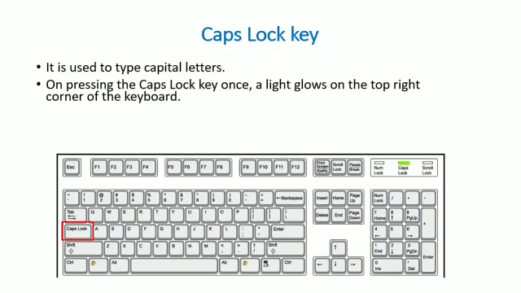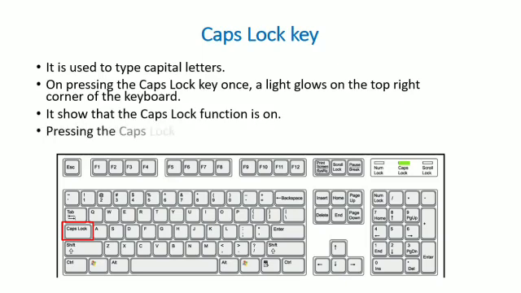So when we press it, the caps lock light will be on. It shows that caps lock function is on. So when caps lock light is on, whatever you are typing, all will be typed in capital. On pressing the caps lock one more time, it is switched off. So when I press the caps lock key again, the light will be off.